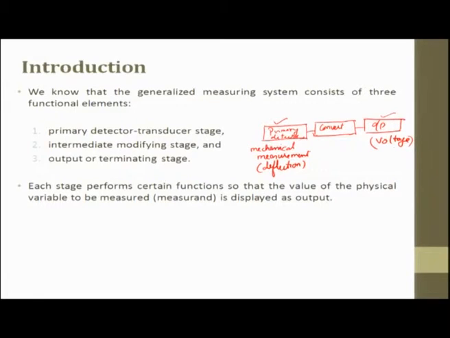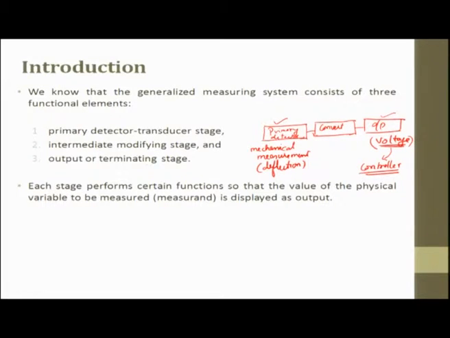Why is it voltage? Because then it becomes easy for controlling. If you want to establish a controller, or an online monitoring system and then a controlling system, an adaptive controlling system, we always look for voltage or current as the output. Voltage is easy to manage, so we always look for voltage. So, now this mechanical measurement has to get converted into voltage.